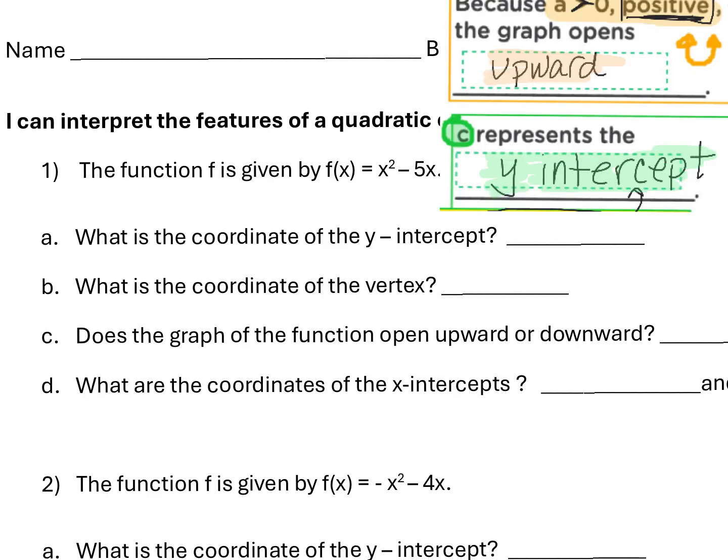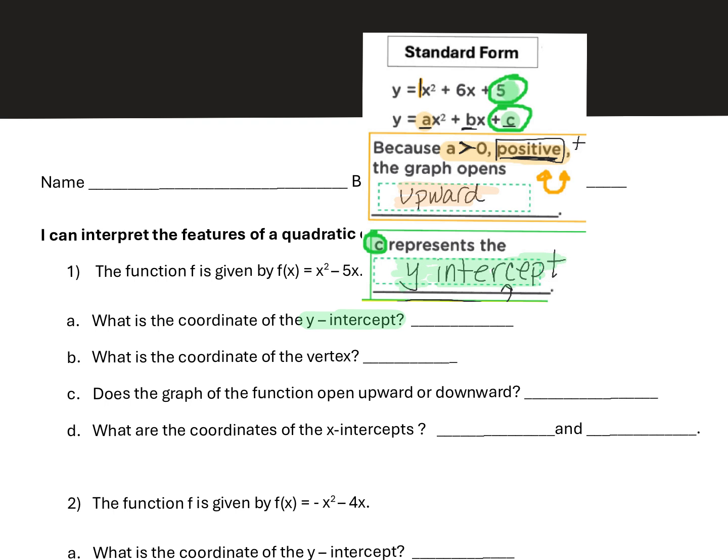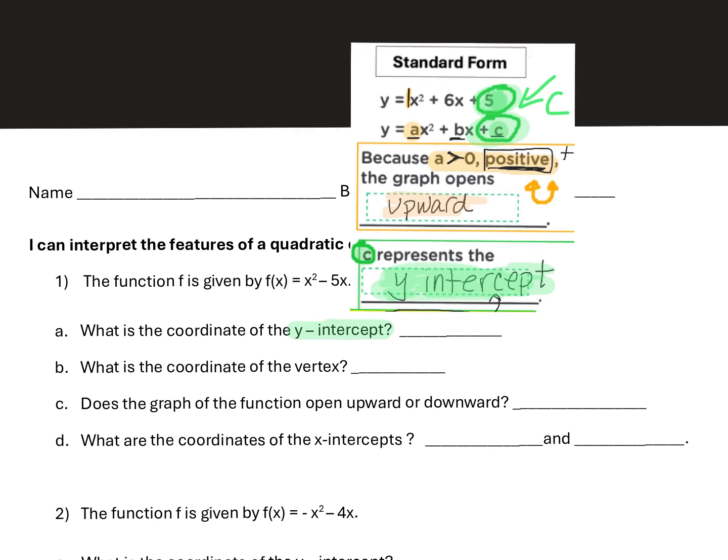understand. Since question 1A asks for the y-intercept, I'm going to revisit the portion of our notes that involves the y-intercept. And this equation is in standard form. And remember the number here at the end, that letter C, is what gives you the y-intercept.